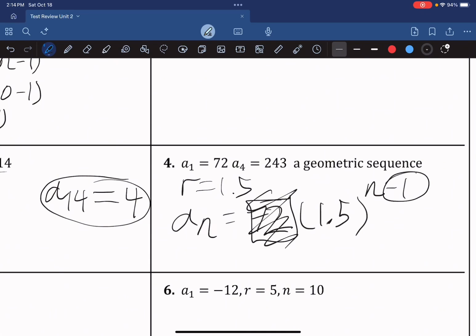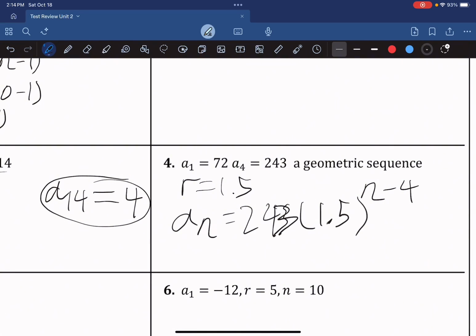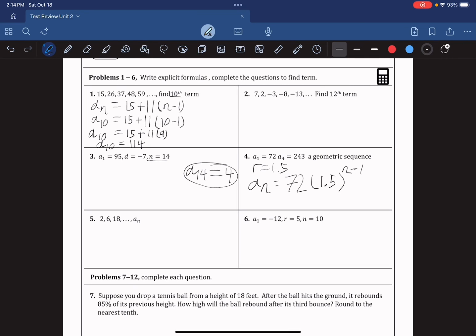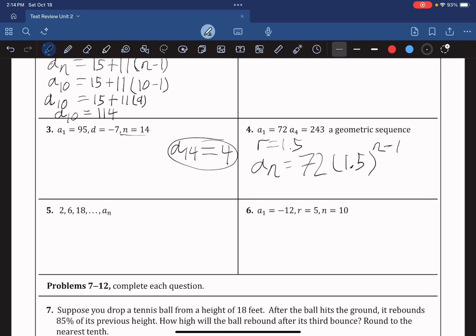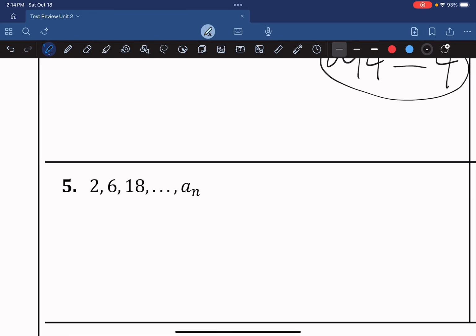So I could write this differently by saying 243 times 1.5 to the n minus 4, because that's the fourth term, right? But either one would be fine if you wrote it on a test or a quiz, right? But personally, using just the first term for everything that you can is just simpler. Keep it that way.